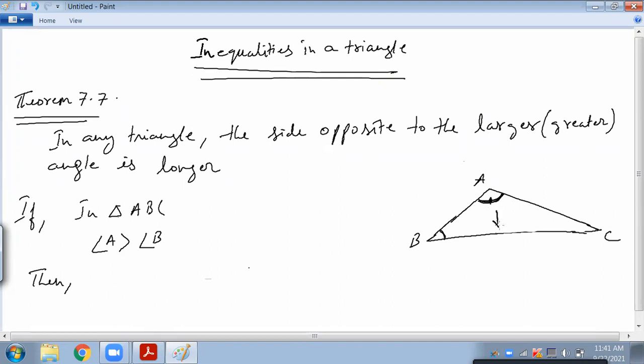So opposite to A is BC, and opposite to angle B is AC.